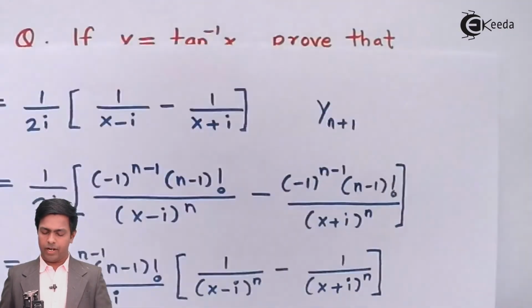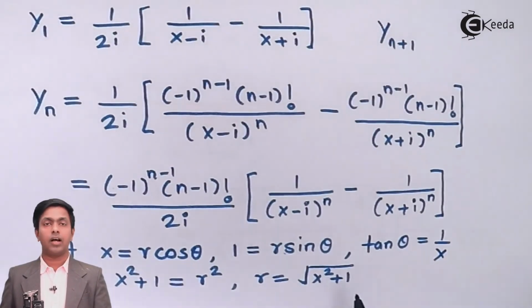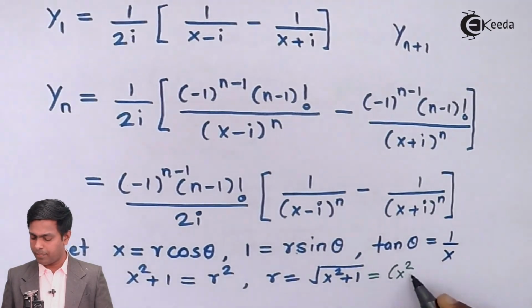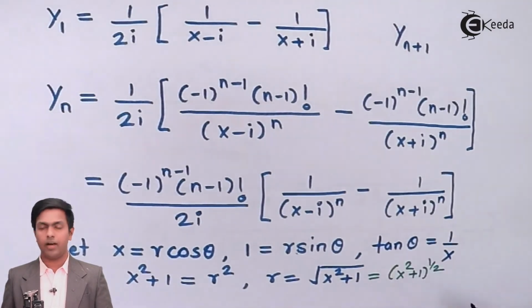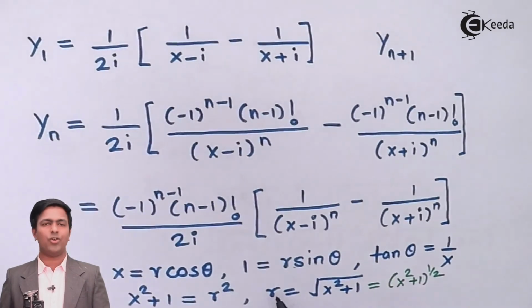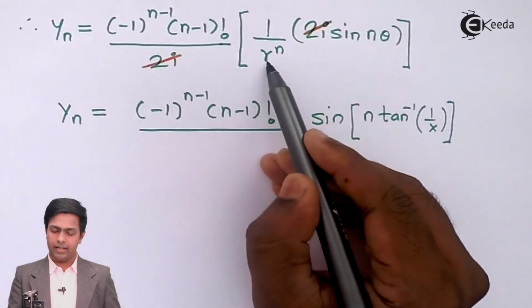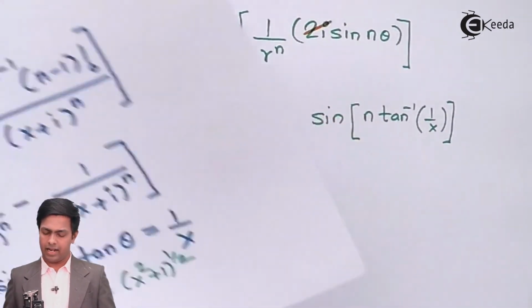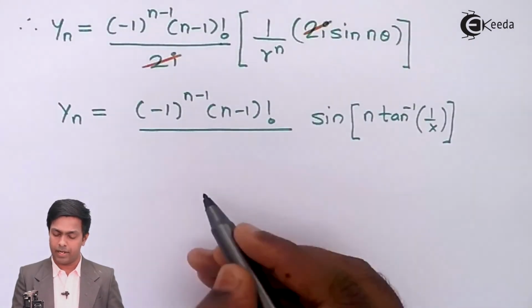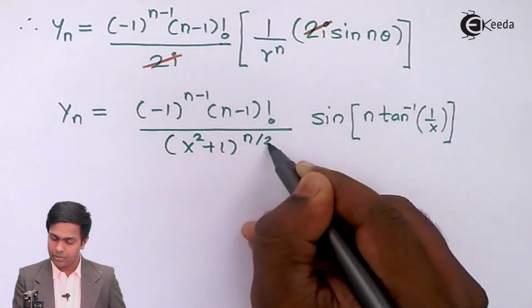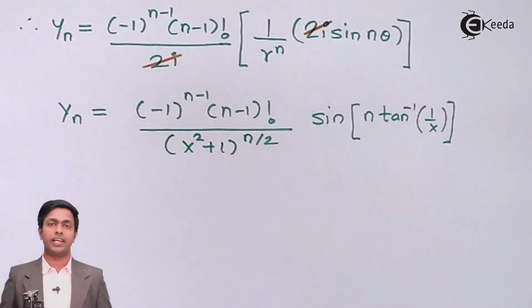We have the value of r as under root x square plus 1, which is nothing but x square plus 1 raised to half. If I substitute this value of r over here, then there is power n and half, so it will be multiplied and we will get x square plus 1 raised to n by 2. So it means we'll get the final answer.